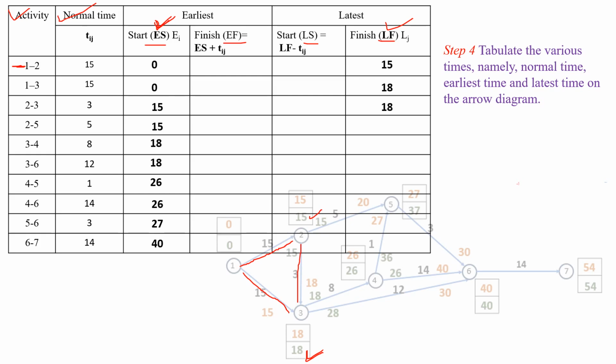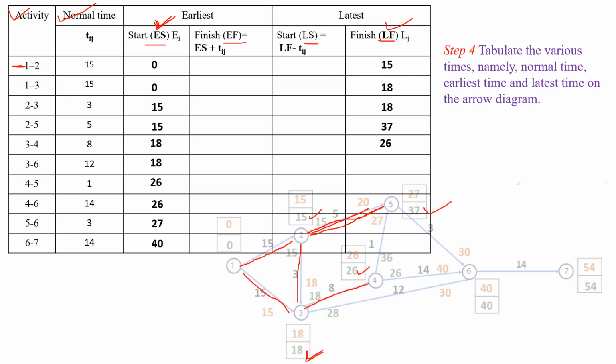Next one is the activity 2 to 5. For activity 2 to 5, latest finish time is 37 at event 5. And next one is the activity 3 to 4. For activity 3 to 4, latest finish time is 26 at event 4.